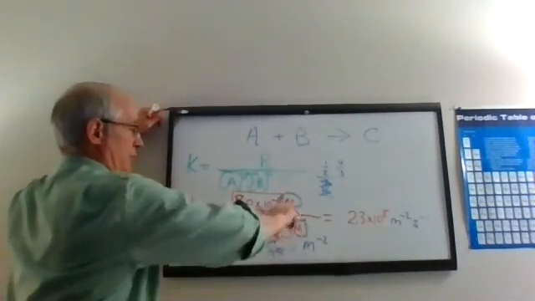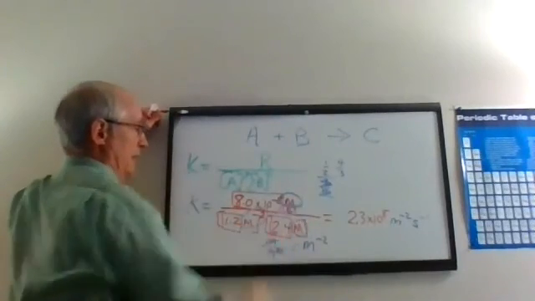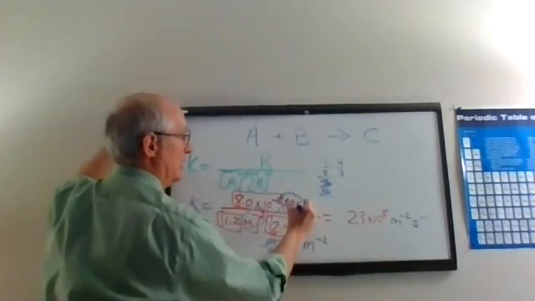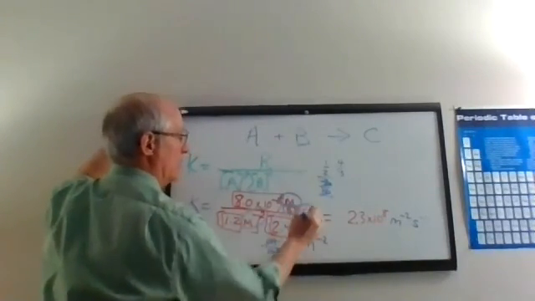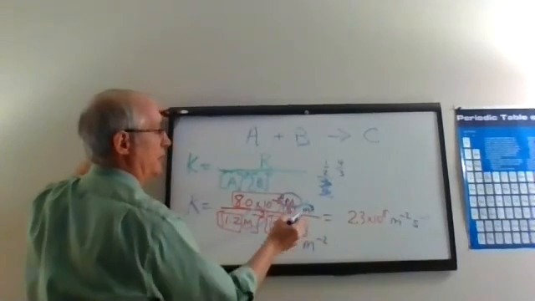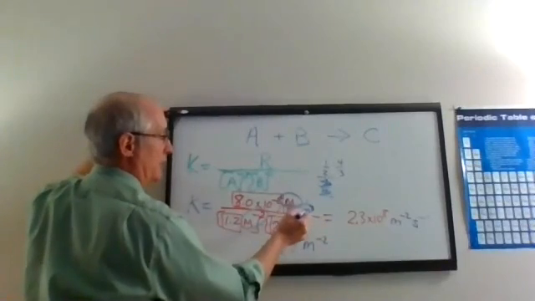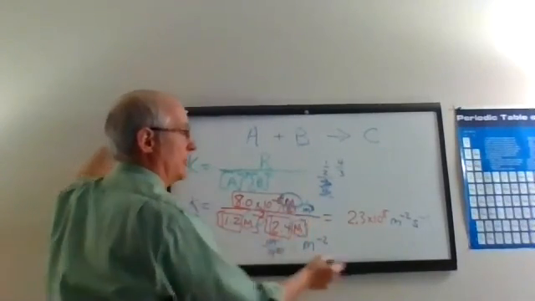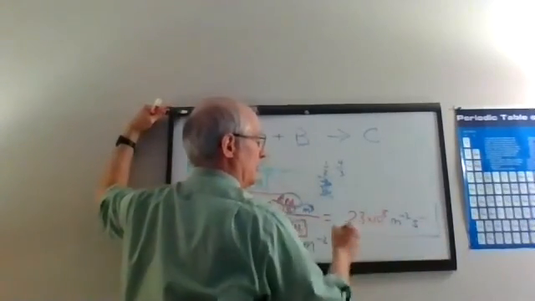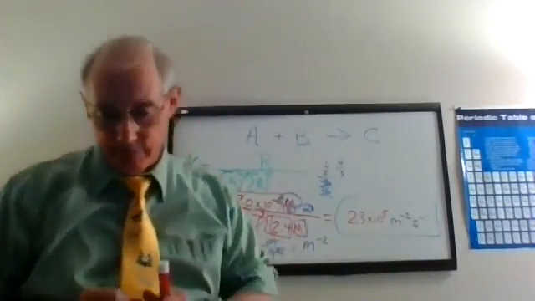So you flip that, there would be a 1 up here and molarity cubed down there. And so you're going to get molarity cubed, and that molarity makes it molarity squared. And then it's molarity squared seconds in the denominator. And that's the way we do it mathematically, annotated. Isn't that fun?